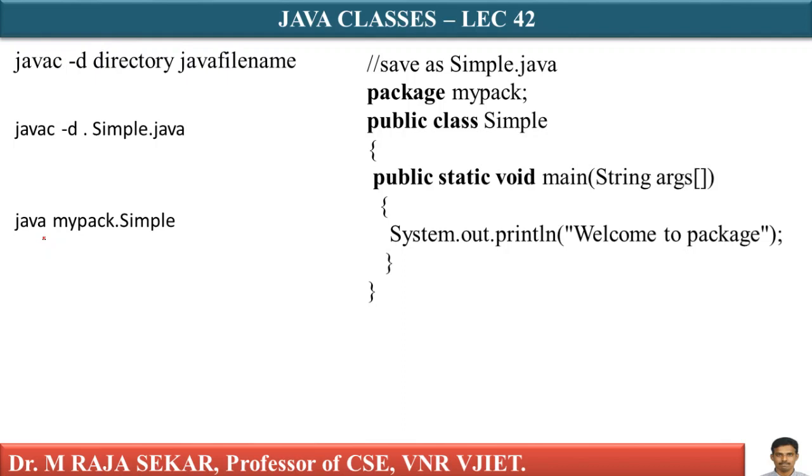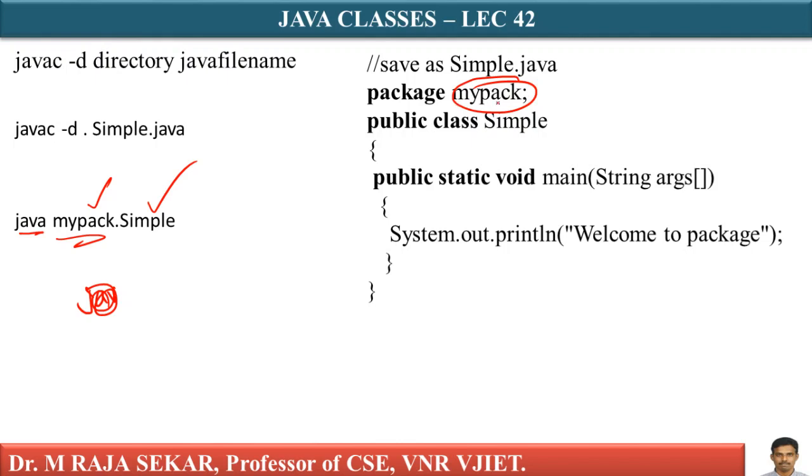After compiling your program, how can I run it? java means the Java interpreter. What is my package name? My package name is mypack, in which the program name is Simple, stored as Simple.java. It is something like java dot. I don't want to make it complicated. Just assume that.